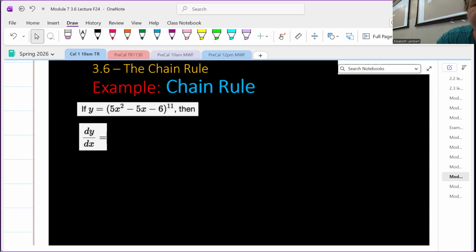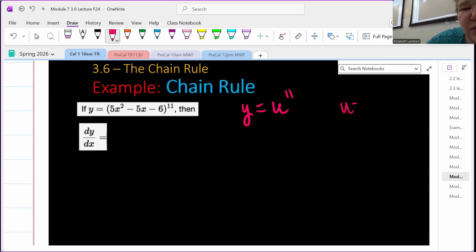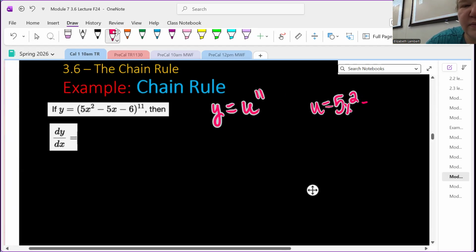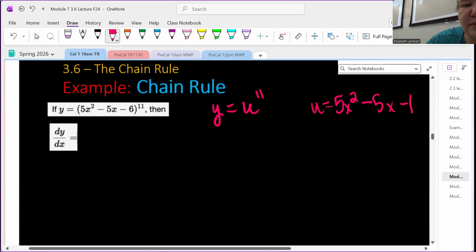But with the chain rule, when we look at a function, we want to focus on what's the outside and what's the inside. The good news is a lot of times the inside is inside parentheses. So here our inside parentheses is that 5x squared minus 5x minus 6. So if we're using that u definition, that's our u. And then y would become u to the 11th.